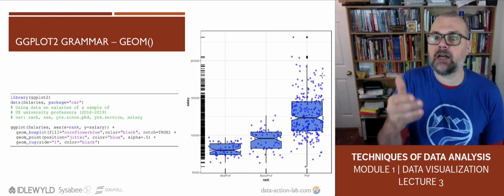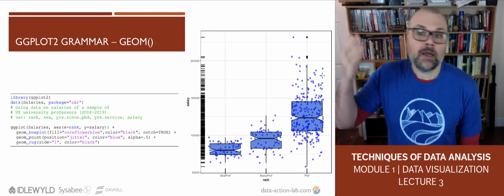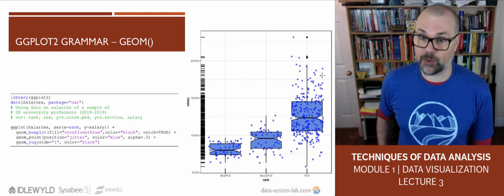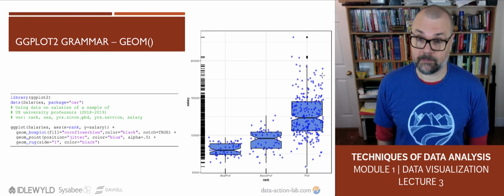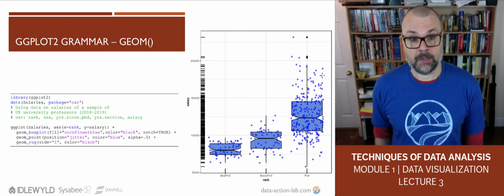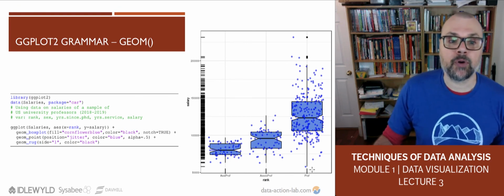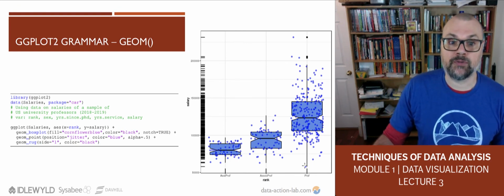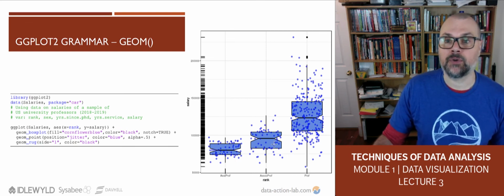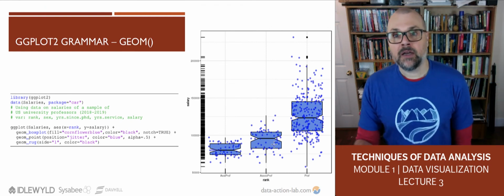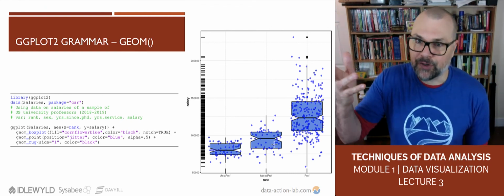You can say, well, how is it possible that profs can make so much money? Look, we might be talking about Nobel Prize winners here. Right? And then you can also wonder about this person, this point, who is a full prof and who makes less money than everybody else, including assistant profs and associate profs in this data set. Again, you can come up with a potential narrative, a potential story.